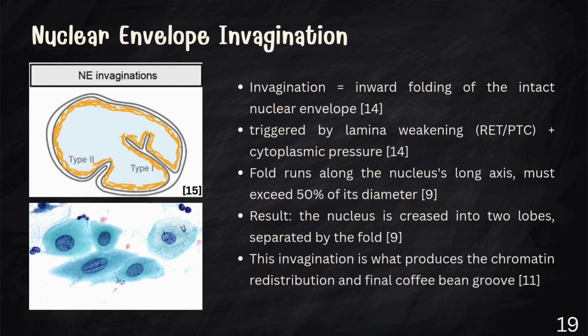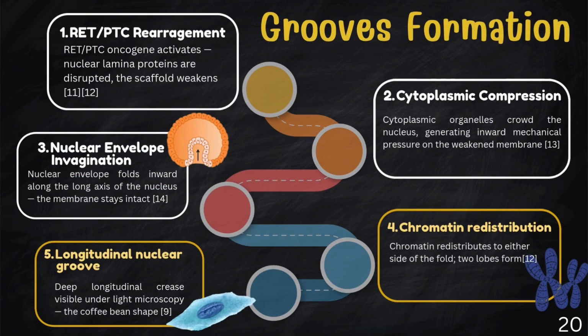According to the pathological criteria, the invagination usually extends beyond 50% of the nuclear diameter before it is recognized as a true nuclear groove. So next is chromatin redistribution. Normally, chromatin is distributed relatively evenly throughout the nucleus.